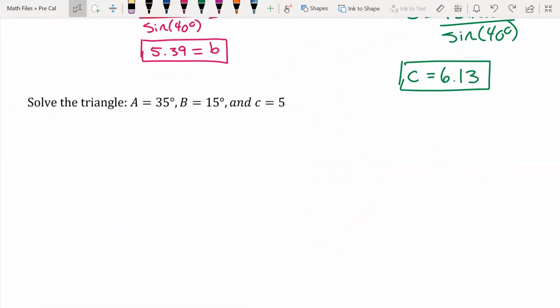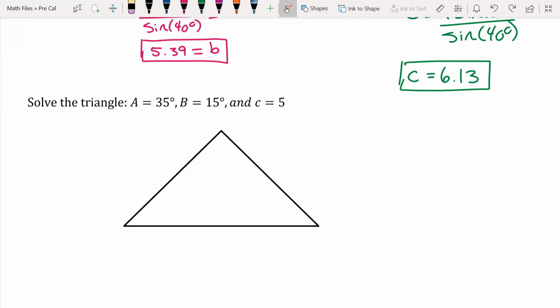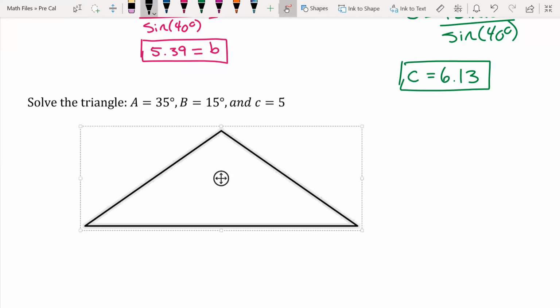Solve the triangle. Angle A is 35, B is 15, and C is 5. So let me draw my triangle. There we go. Label it. A is 35 degrees. B is 15.